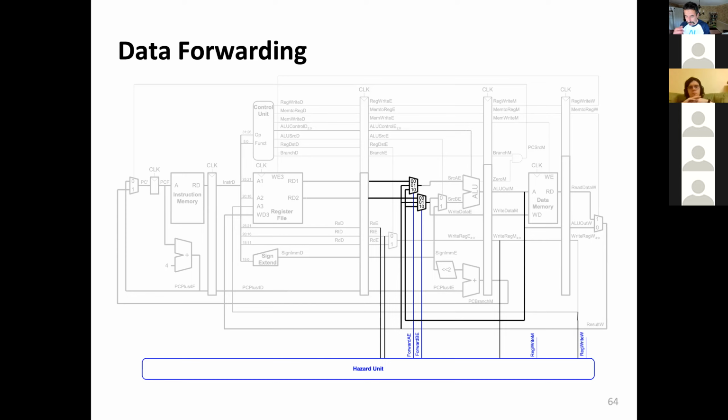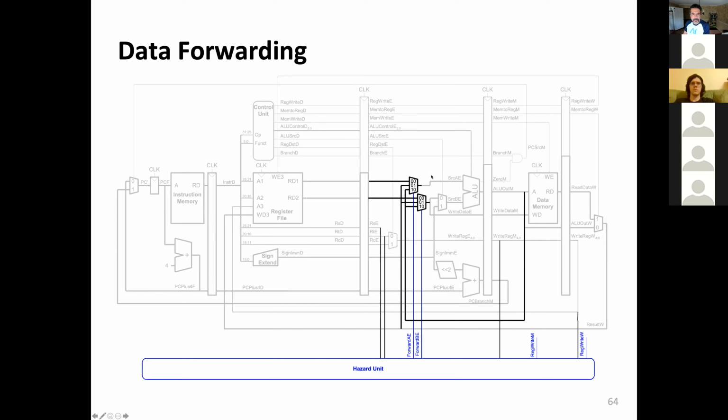And in that case, through this combinational logic, we need this information: what are the exact registers that are used as arguments in the instructions. So that's why you see some of these additional data paths here.